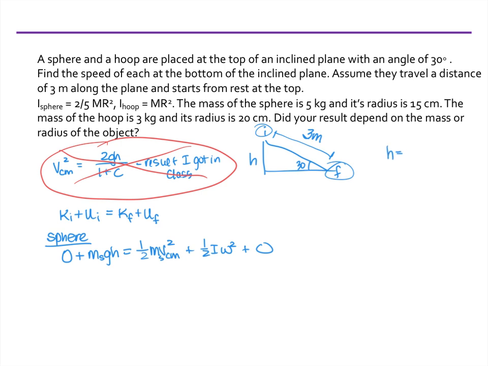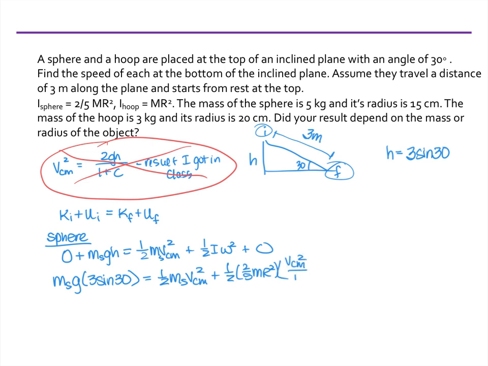You can see that h could be written as 3 times the sine of 30. So I'm going to substitute that in down here and do some other substitutions. I just happened to bring the square in there already.